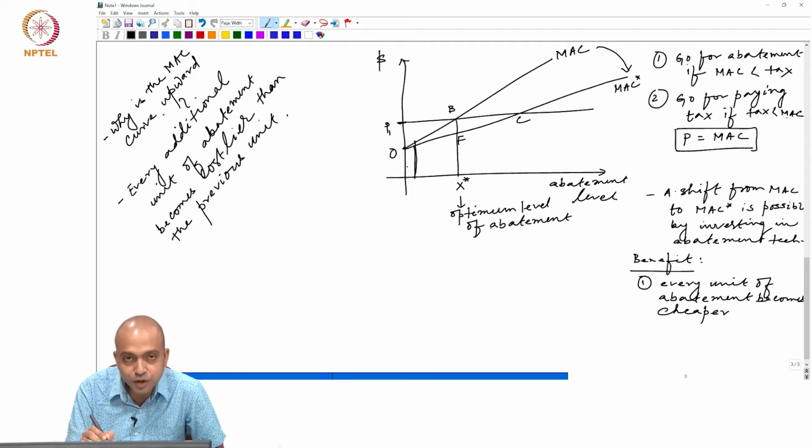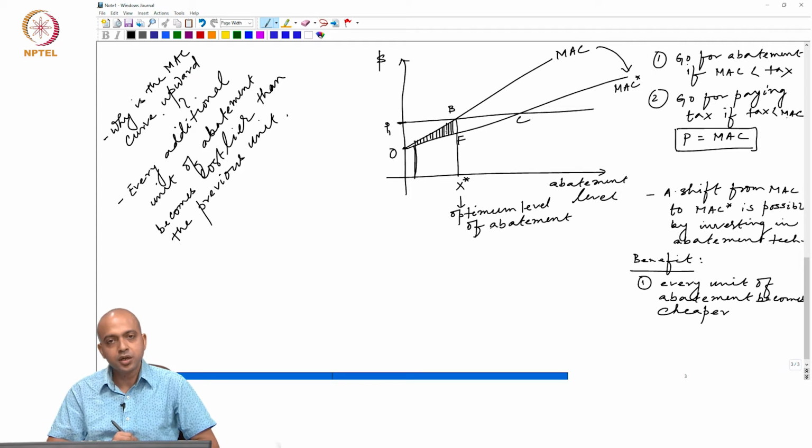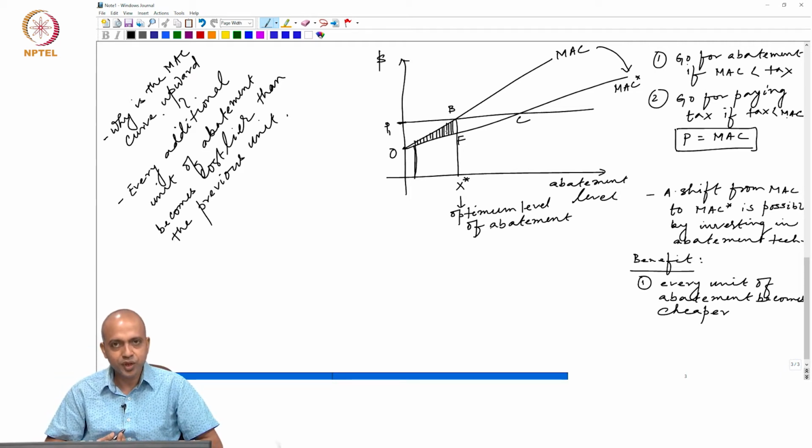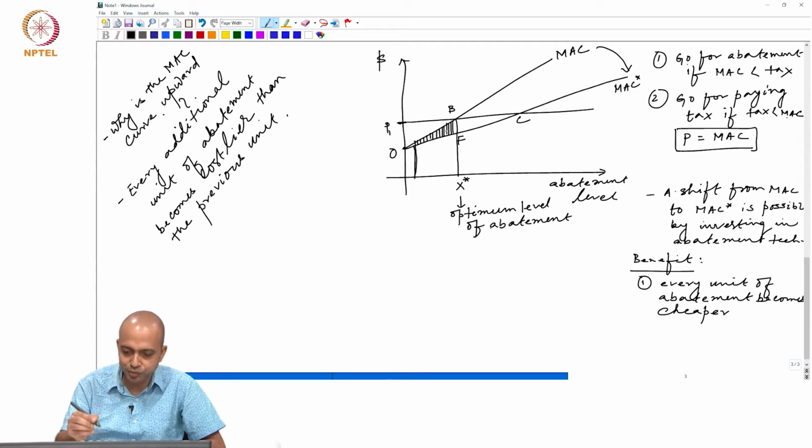So, that means there is some kind of saving for each and every unit. Since abatement becomes cheaper, the firm can save some money for every additional unit of abatement.